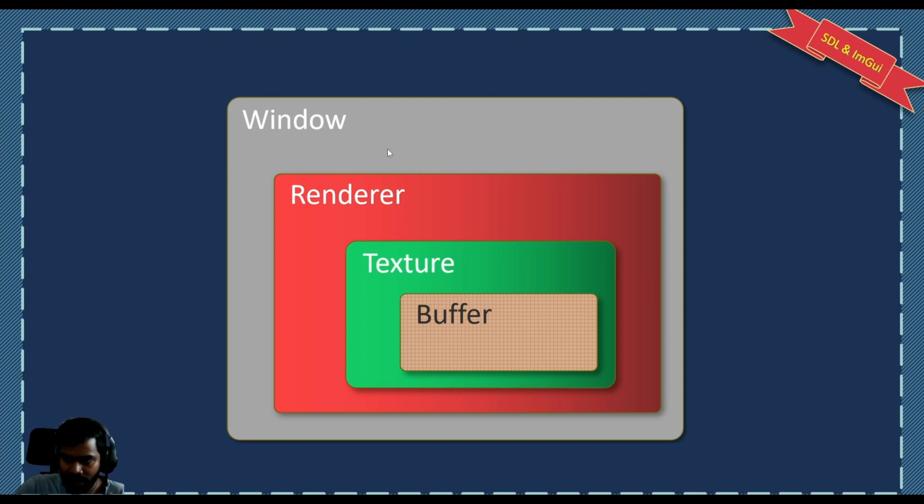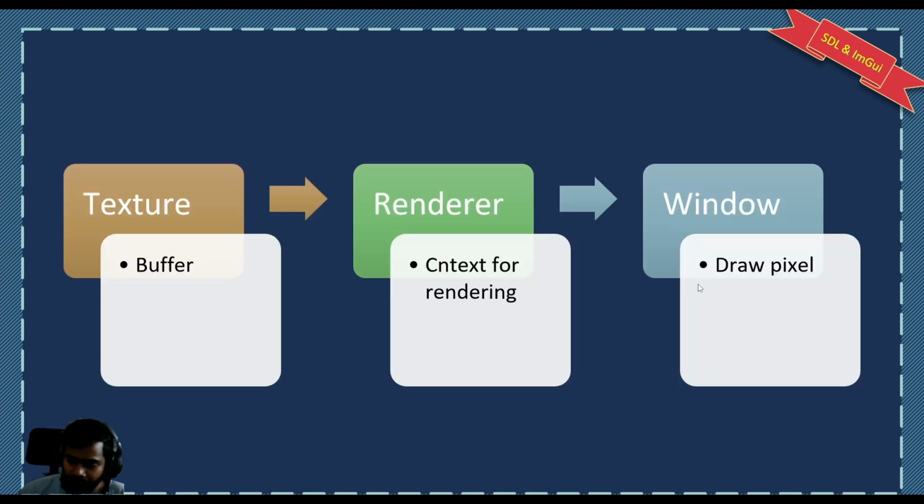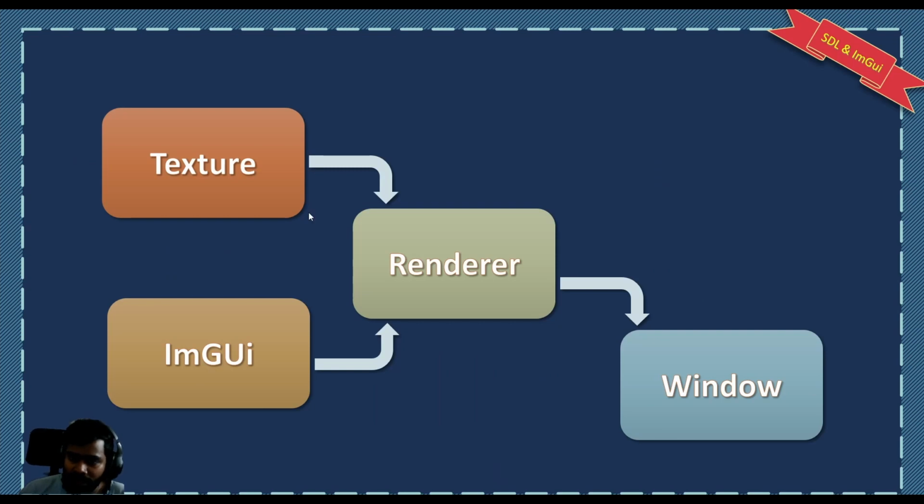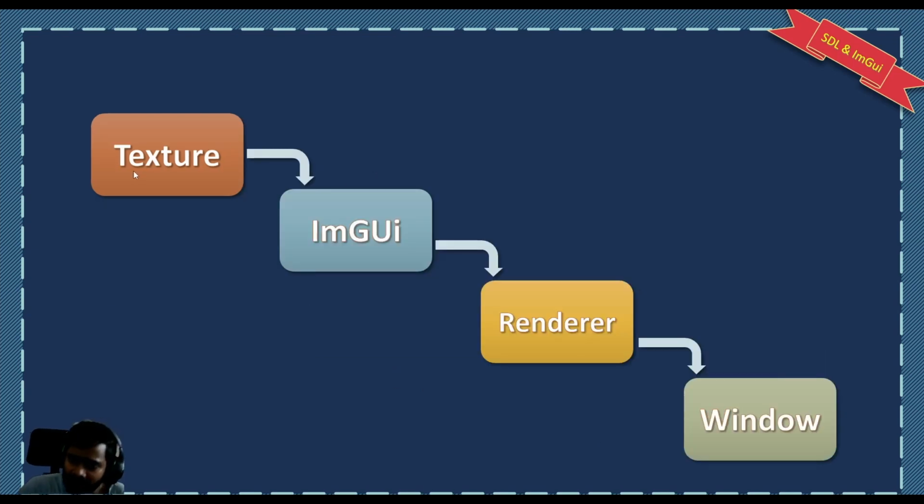In terms of SDL, the window will take the renderer, the renderer will take the texture, the texture will take the buffer. So the texture we give to the renderer goes to the window. The same way, we give the texture to ImGui, ImGui to the renderer, and the renderer to the window. This is the common one.